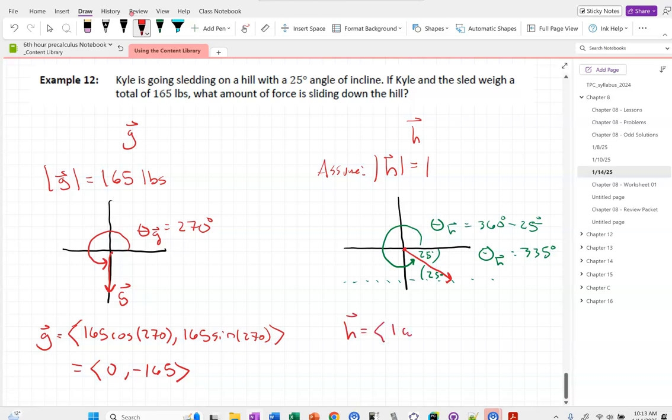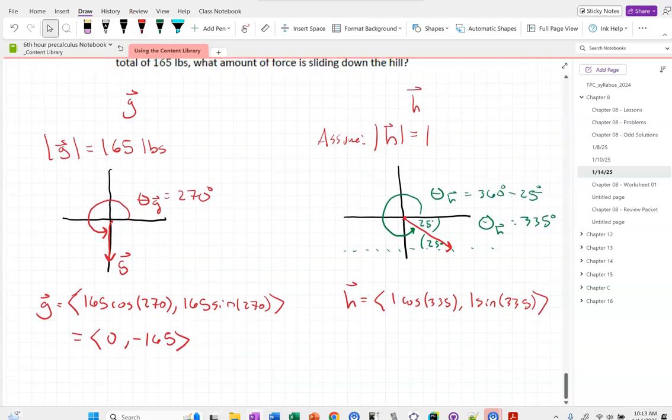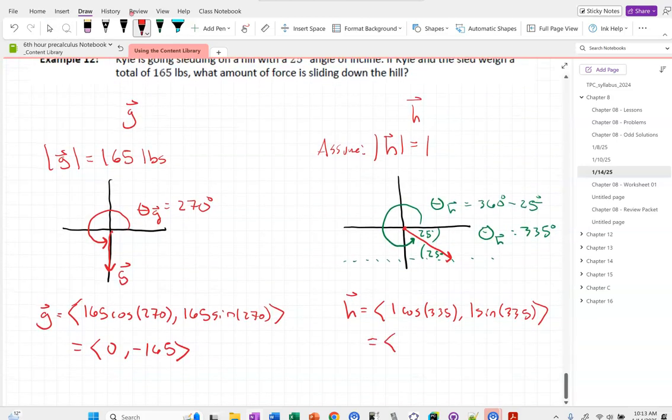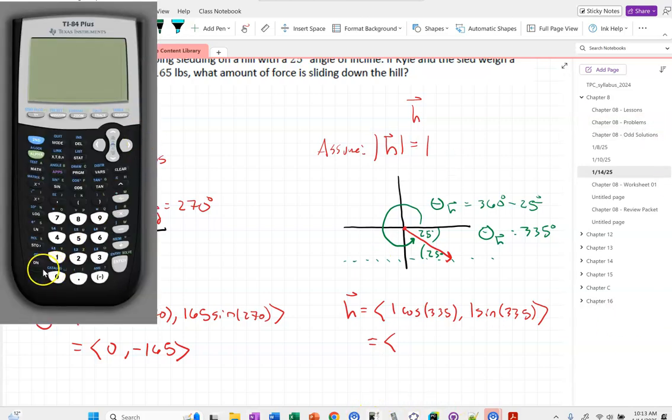So just like before, I'll resolve that to component form. I have cosine 335 and then sine 335.